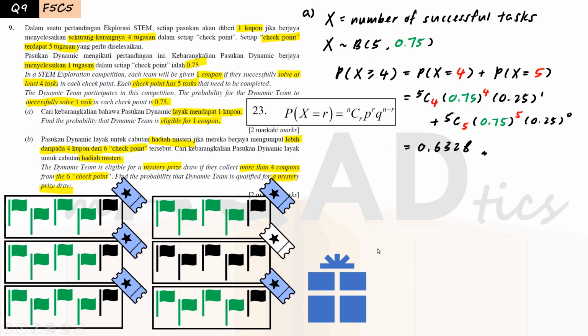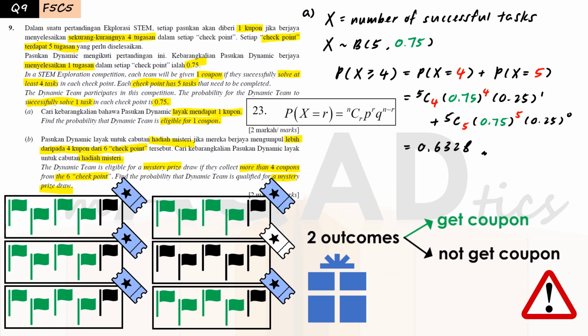Since the prize depends on the number of coupons, we are going to focus on the coupons now. For coupons, there will only be 2 outcomes. Either you get it or you don't get it, right? So this also follows the binomial distribution. Here we can set another unknown, let's say y. For y, we are going to focus on the number of coupons that we can get.